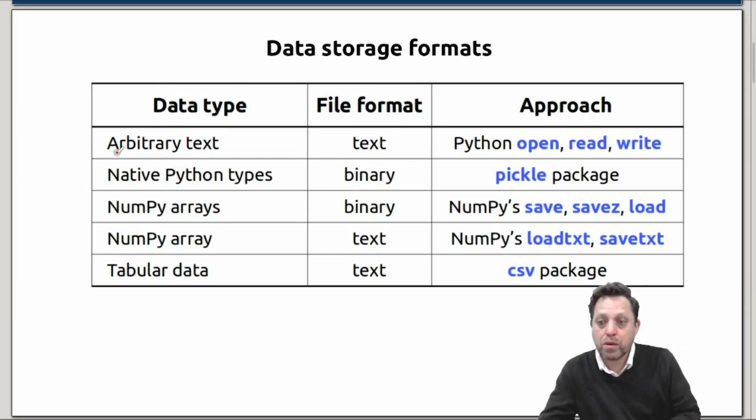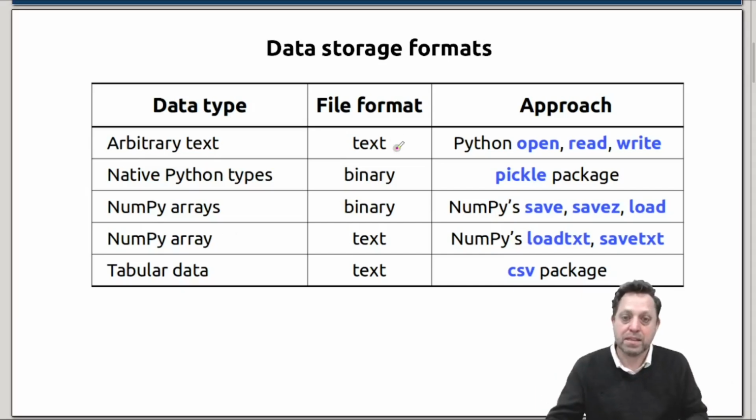If you are working with arbitrary text, just strings, and you want to create a text file, that is one that you can open and read with a text editor, then Python has these built-in methods: open, read, and write. If you're working just with other native Python types, so your dictionary, tuple, list, etc., and you want to write those to a binary file, a binary file consists of zeros and ones, so it's not readable in a text editor.